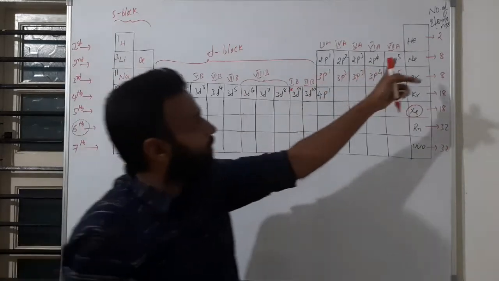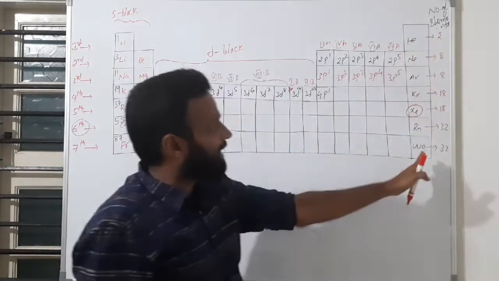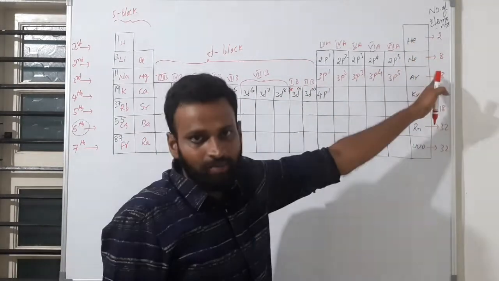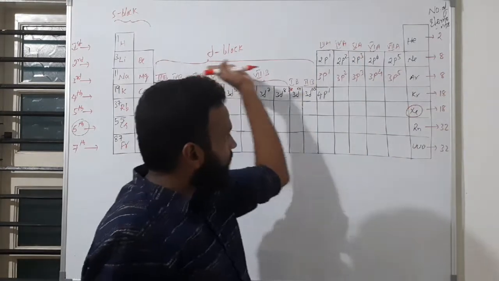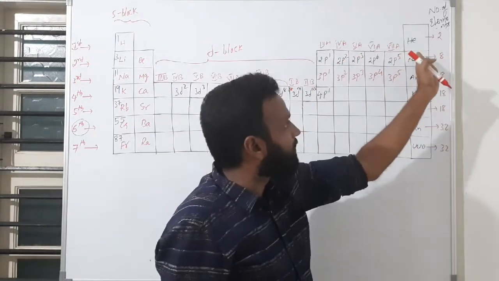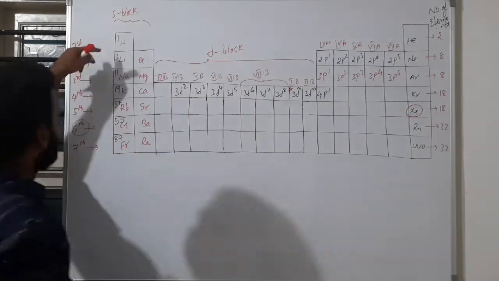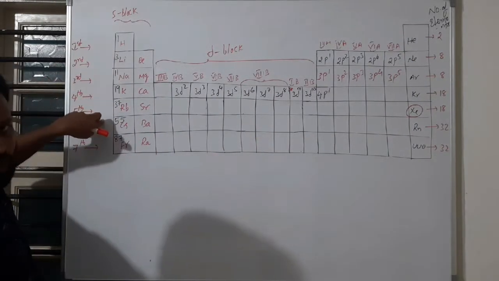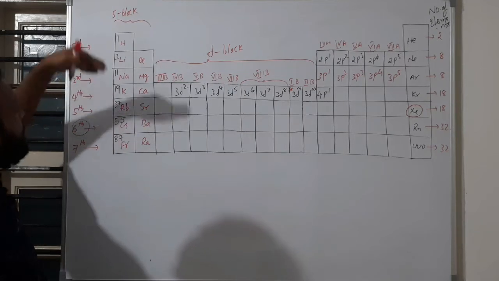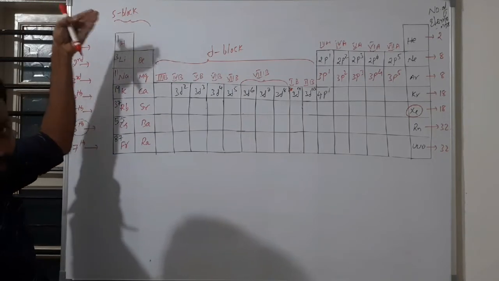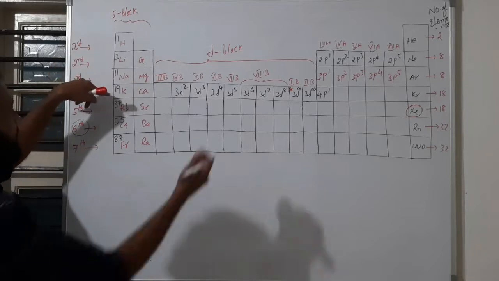If you want the atomic numbers of these noble gases, because these are the last elements in that particular period, how many elements are there? If you want to know these atomic numbers, you have to consider how many elements are present in the above period, because these come after.